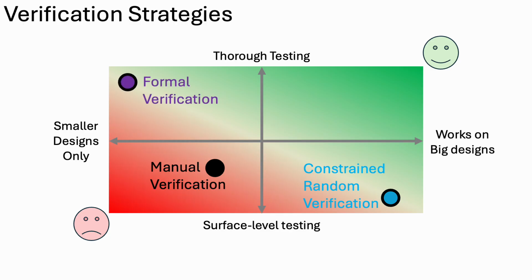It's called formal verification. It sits here on this spectrum, and you can see that it's very thorough, but has a really hard time scaling to larger designs.